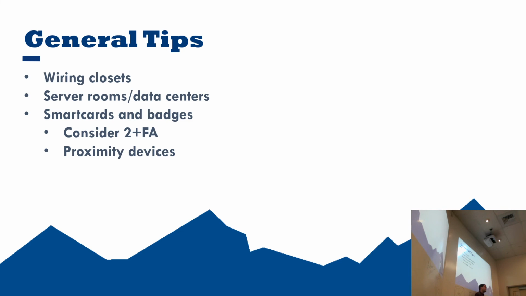You also got proximity devices. Personally, I think these are not something you'd want to use for high security, because what they're saying is, we detect you're close by, therefore we're going to unlock the door. Well, that has some obvious downsides. What's one downside to that? Yeah.